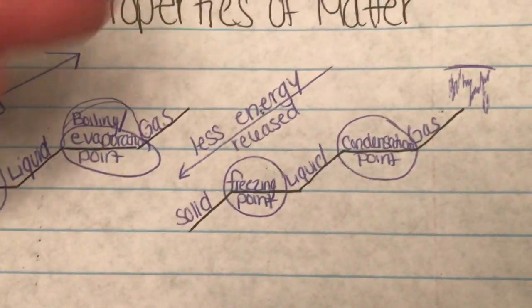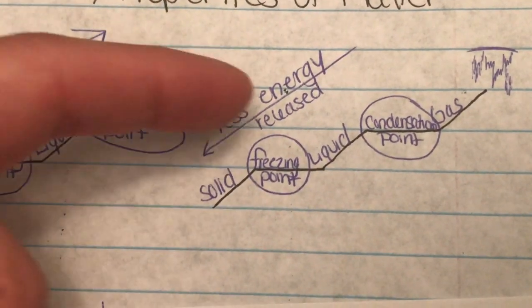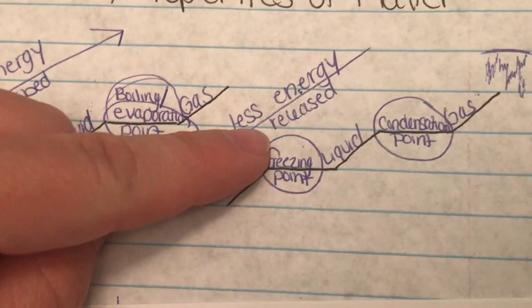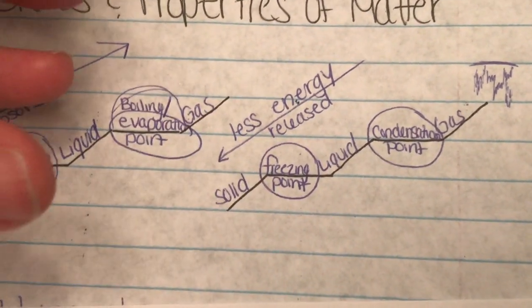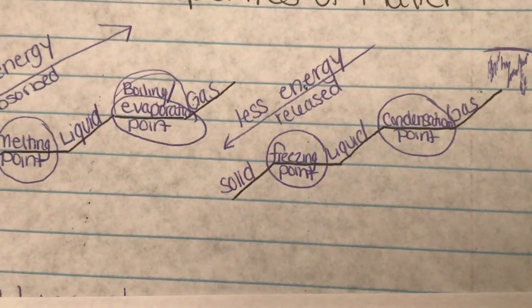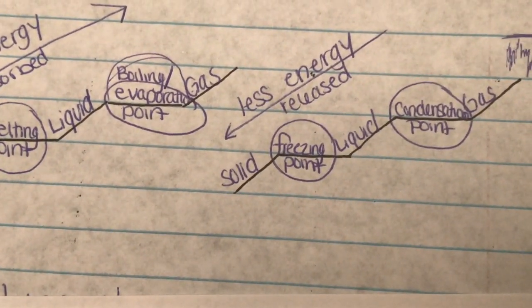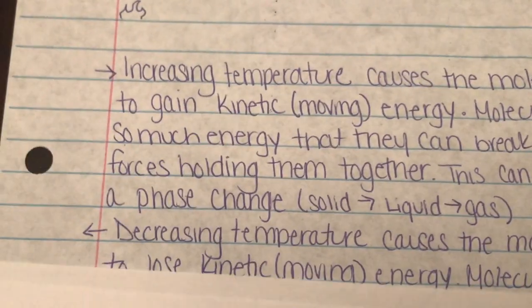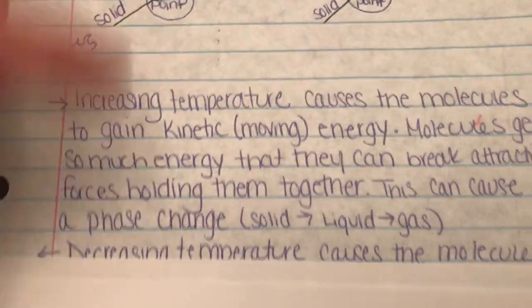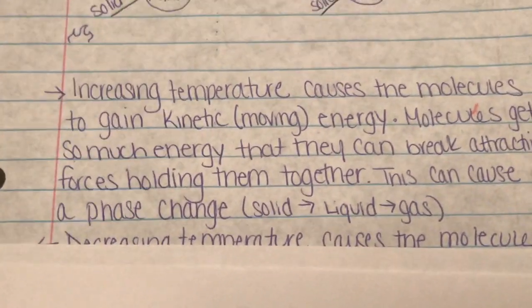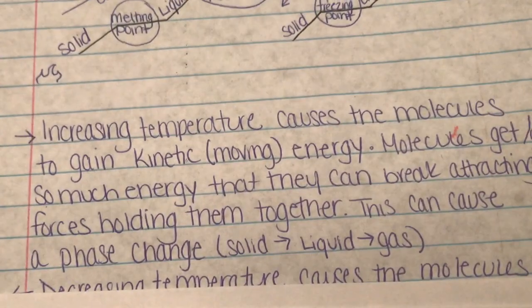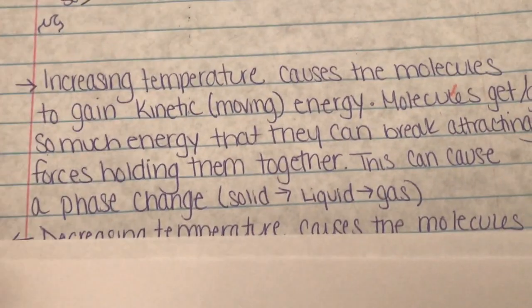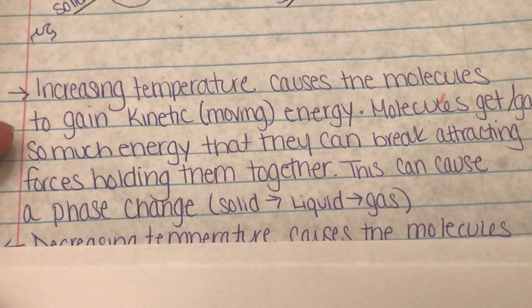So if I'm going down this chart, I'm losing energy, it's being released, and those particles are slowing down more and more, and that attraction force is going to kind of hold them together. So, in words, I have it in pictures and I have it in words. If I'm increasing the temperature, it's going to cause those molecules to gain that kinetic, moving energy. So kinetic just means moving.